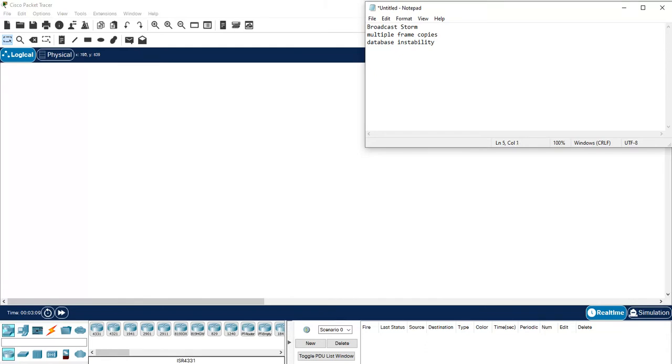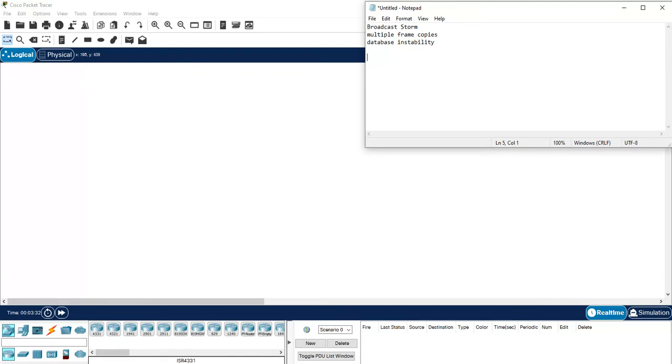So there are several types of STP. STP is open standard, 802.1D. Rapid STP is 802.1W.